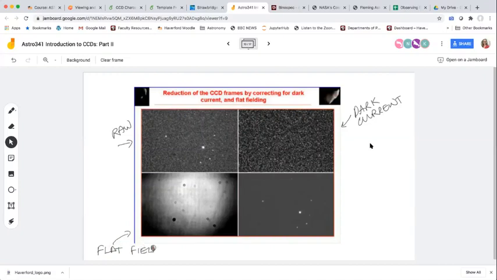Again, like ours, there's a lower sensitivity at the edge of the chip, and there are some dust specks making little donuts. You subtract the dark current and the bias, and you divide by the flat field to normalize the sensitivity, and you get your so-called science frame. And we do this in a way that propagates the errors properly and saves all the numbers so that we can make scientific measurements from the images.